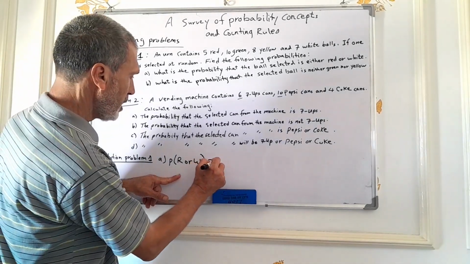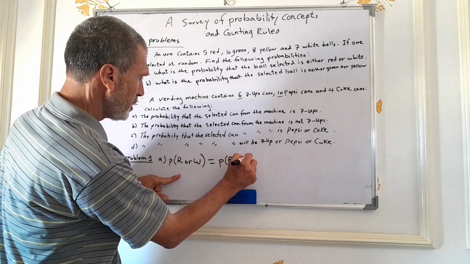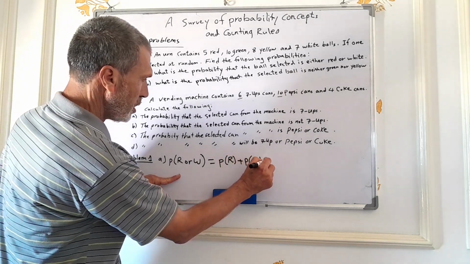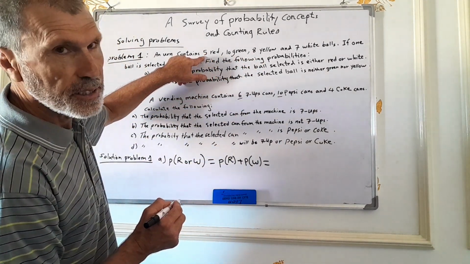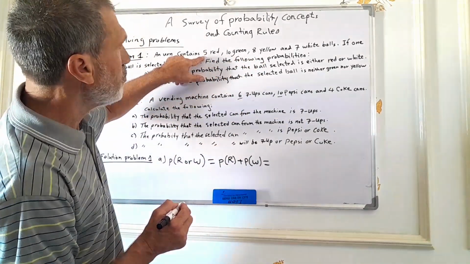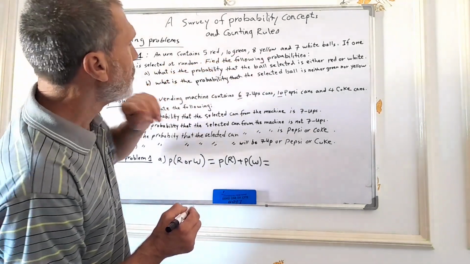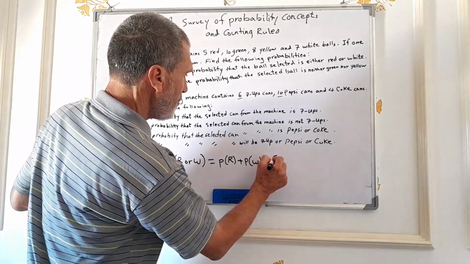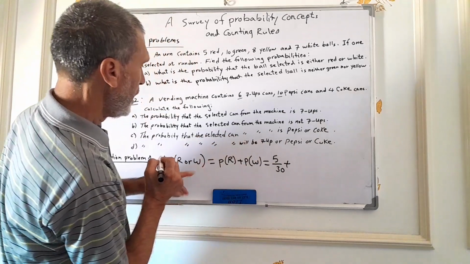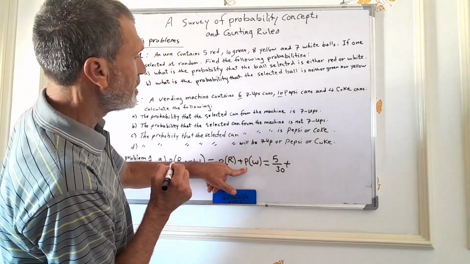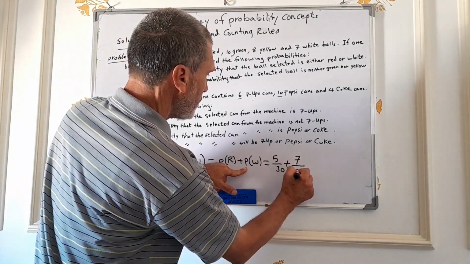It's going to be equal to probability of red plus probability of white, which is equal, we have 5 red over the total, which is 30, of course, 5, 15, and 15 will be 30. We got 5 over 30 plus white, we have 7 white over 30.